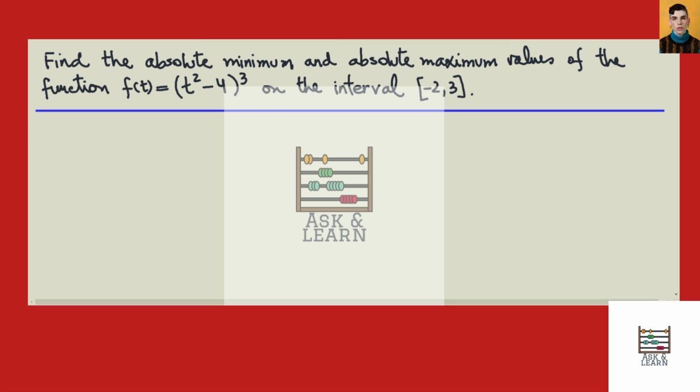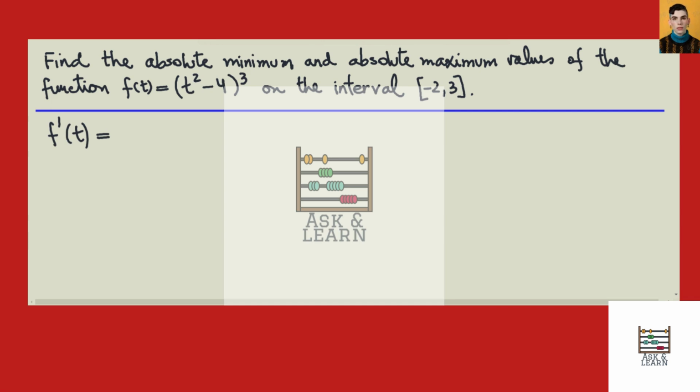That is, there are points where the images at those points equal the extreme values. But we also know that the extreme values are attained either at the endpoints of the interval or at critical numbers. So we start by calculating the first derivative of f.